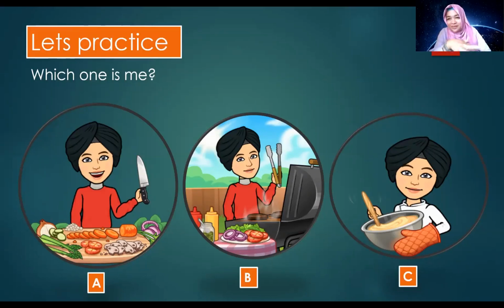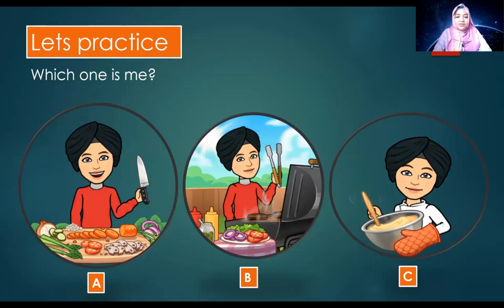So there is some distracting information. So two pictures. I wear black, not I, but the picture wear black turban. ABC wearing black turban. I am beautiful woman. The picture are beautiful. I cook vegetables. Two picture A and B. So we sort out the C because C do not cook vegetable.